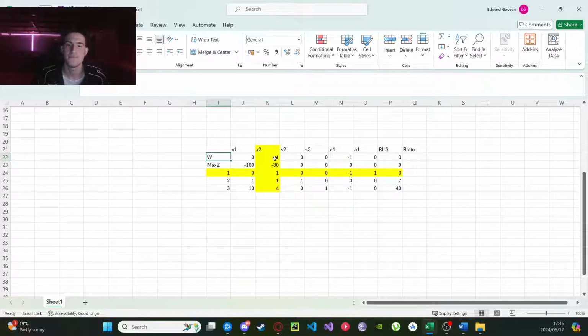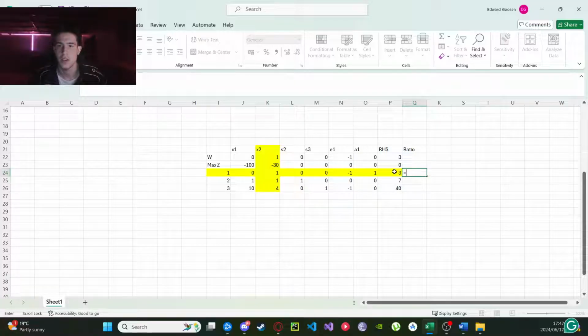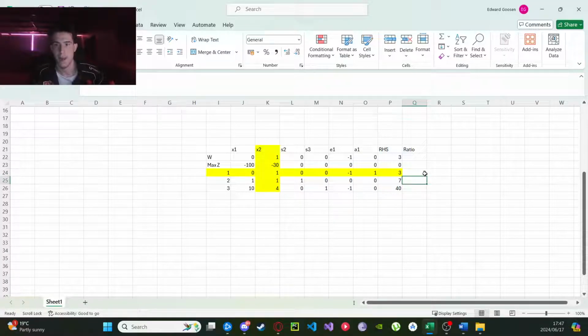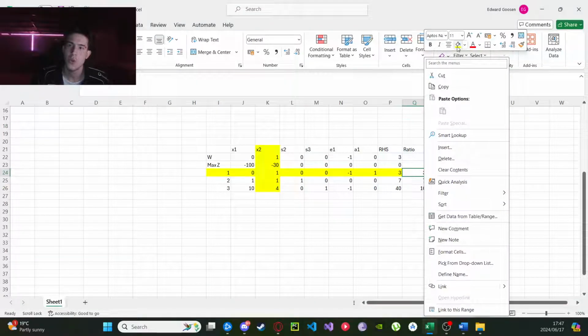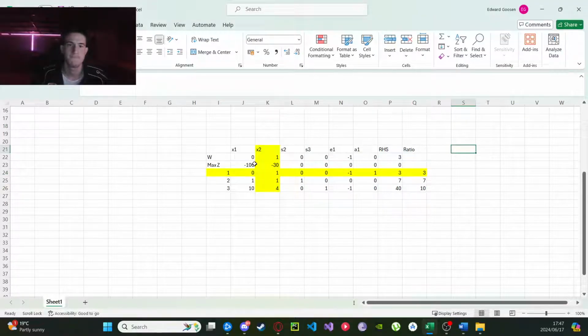So it's going to be this column over here. Our ratio is what we're going to need to find now. It's going to be this divided by this, drag. When selecting our row, we're looking for our smallest ratio, which is going to be 3.